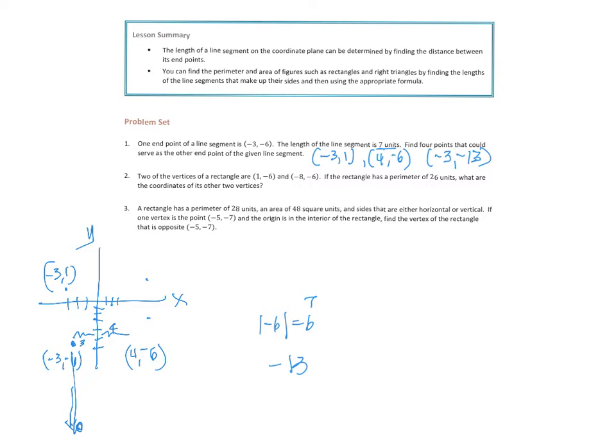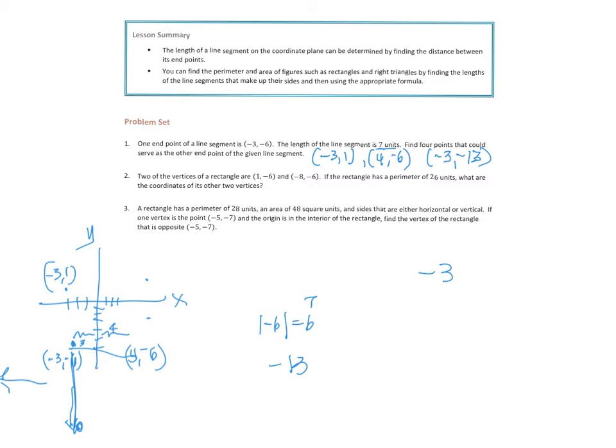Okay, but did I do all? I don't think I did all 4 points. I have -3, 1. I've got 4 over this way. I went down this way. So what other way can I go? How about if I go way out this way? The difference between -3 and, would it still be on the same, -3 and then down -6?